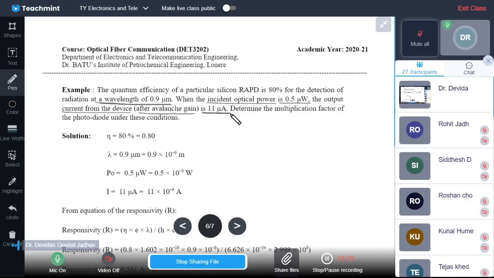So it is not IP, it is I. Then determine the multiplication factor of the photodiode under these conditions. Determine capital M.